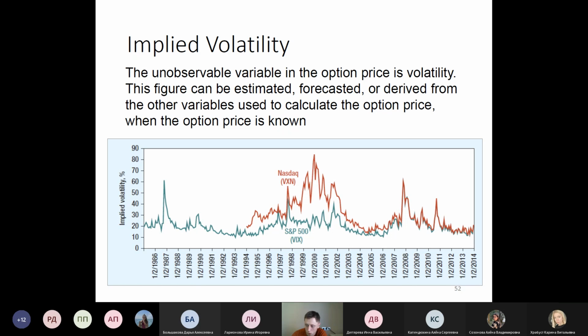And also the value of options is a good sign of the risk on the market. Here we have the VIX, the index of the options on the S&P 500 index, and we can see that it is very well aligned with the previous crises that took place.